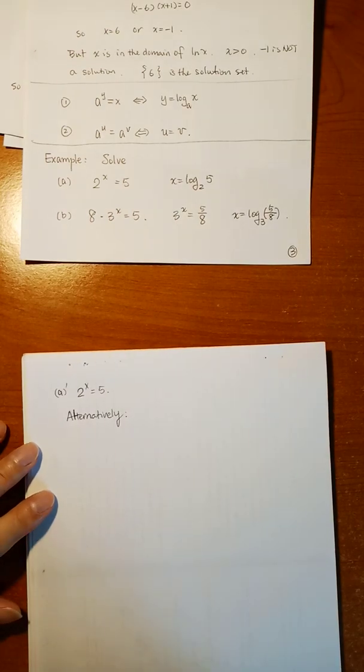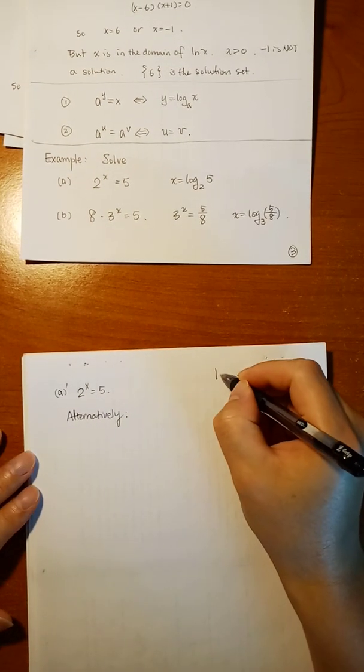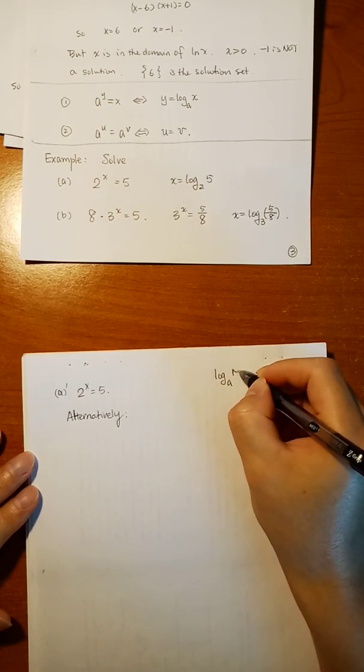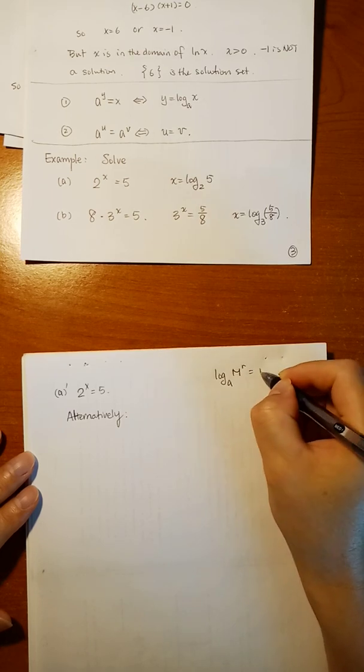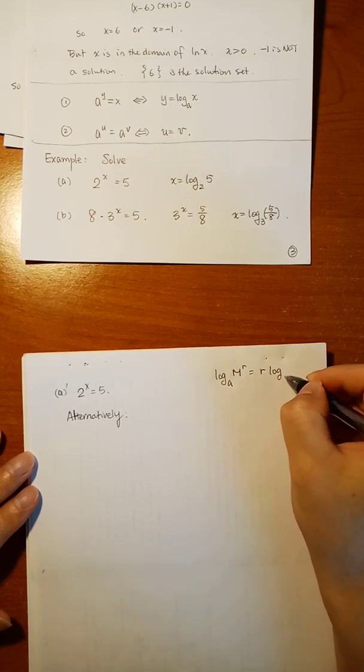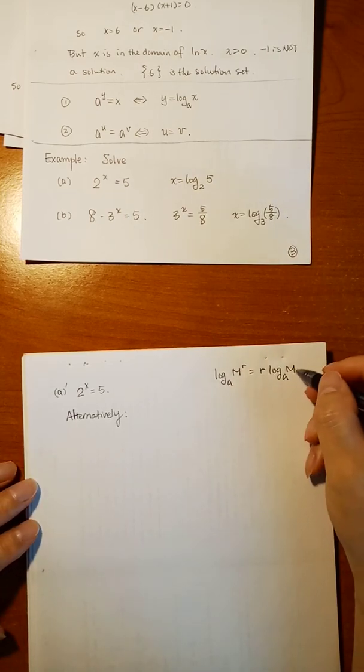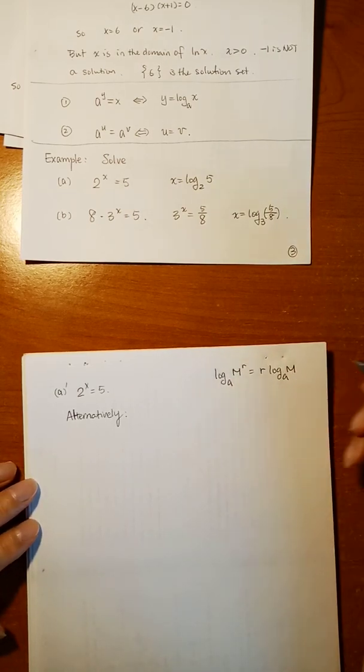Alternatively, it comes from the following idea. Remember that for the logarithmic function, for whatever base, log of m to the r is equal to r times log to the base a of m.